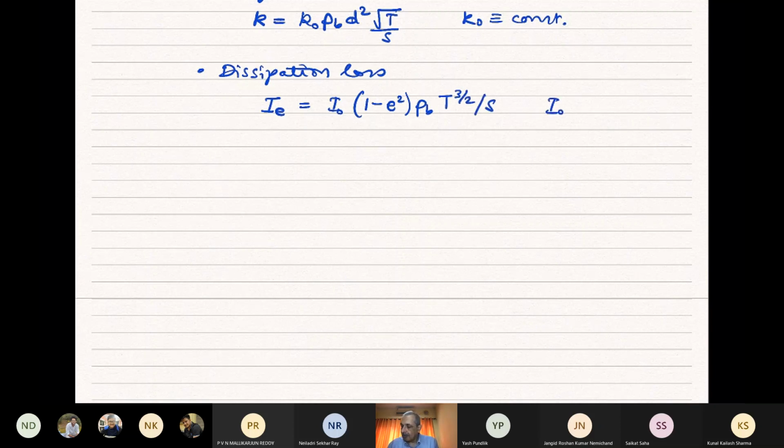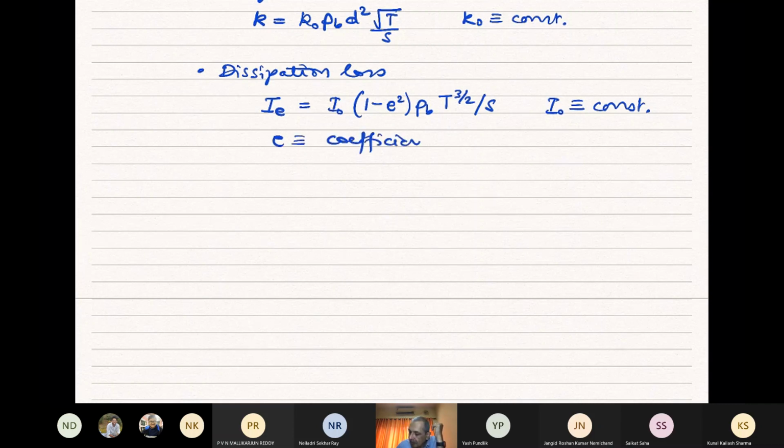And again here I0 is a constant, and E is the coefficient of restitution.